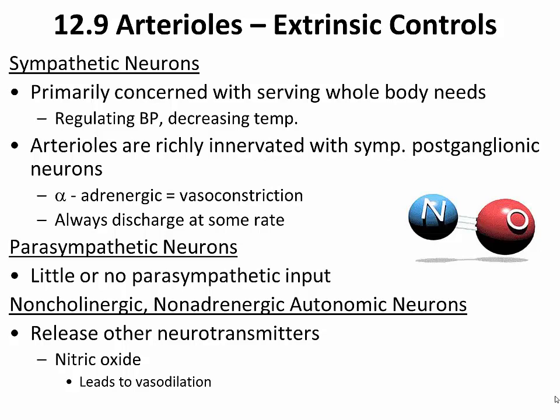What we also noticed is that the discussion of parasympathetic neurons in controlling arteriole smooth muscle contraction is fairly short, because parasympathetic neurons have little or no input to these blood vessels. And this is unusual, of course.